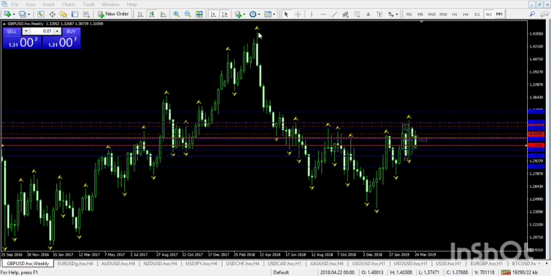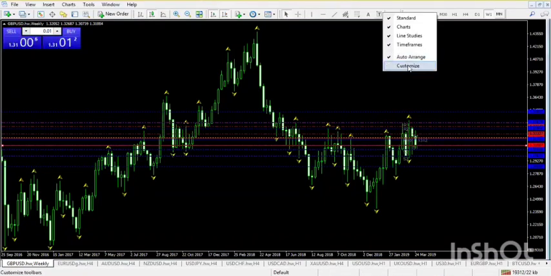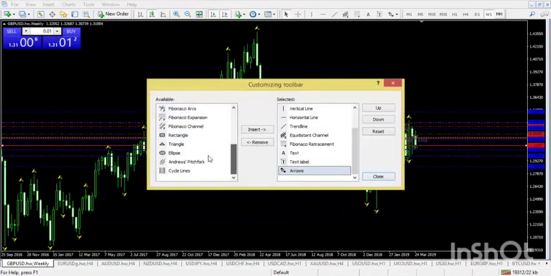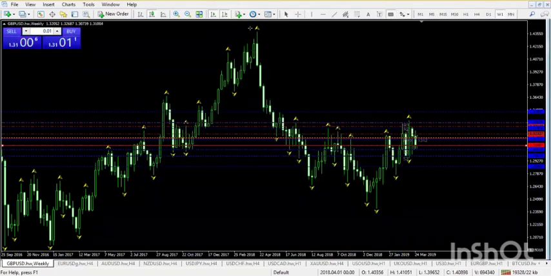The body is very big, and the shadow is smaller than the body. If you take a look at this, the shadow of this candlestick is smaller than the body. I'm talking about this candlestick.